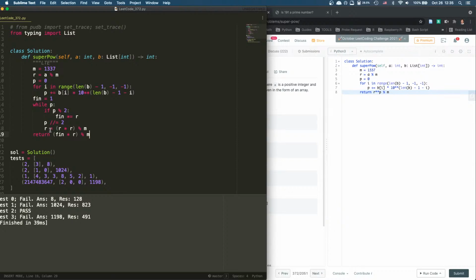So R is now 4. Now I'll go back. P is 1. And then we do this. And fin is as 8. So here is 8. And P becomes 0. And this line shall not go again.